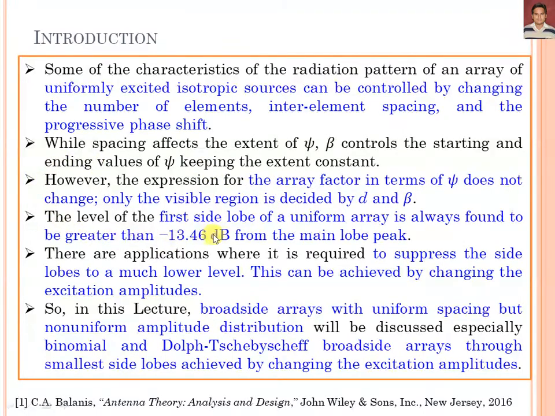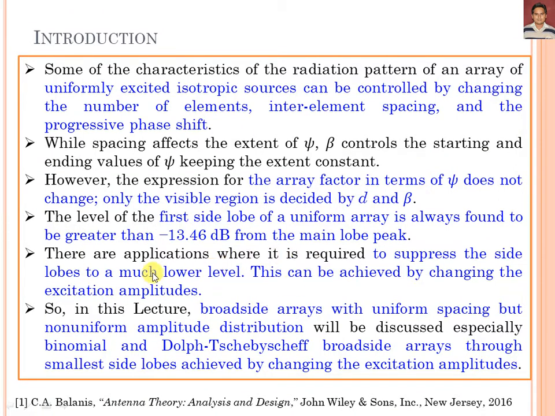The side lobe level of a uniform array is found to be minus 13.46 dB from the main lobe peak, as we calculated for the first side lobe in the case of a uniform array. There are applications where it is required to suppress the side lobes to a much lower level.